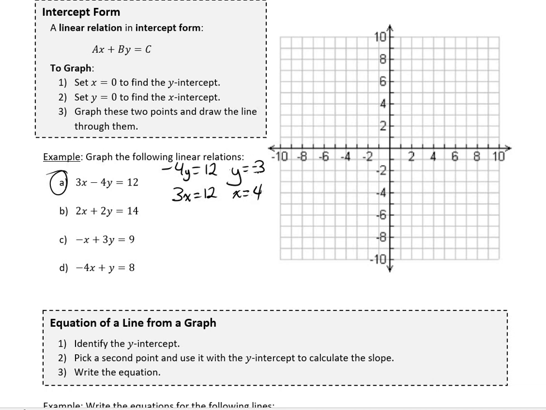So these are intercepts. So the points I have are (0, -3) and (4, 0). So (0, -3) is my y-intercept, and (4, 0) is my x-intercept. And then I can draw my line right through there.